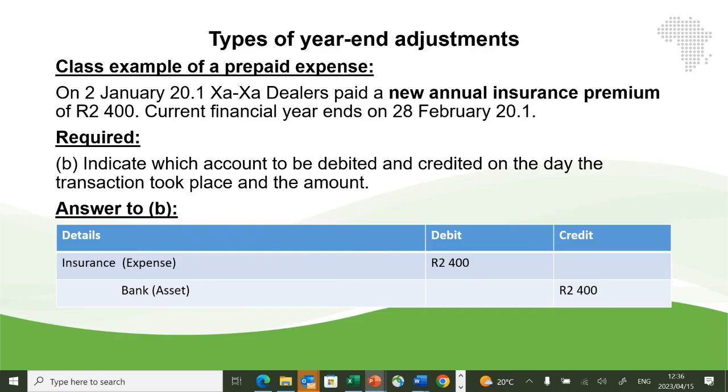One thing that students always get confused about here is that when you pay for expenses, they think expenses are decreasing. No, expenses are not decreasing when you pay for them. The correct question to ask is, how much expenses have you incurred in the current financial period? That's what we are trying to adjust for here.